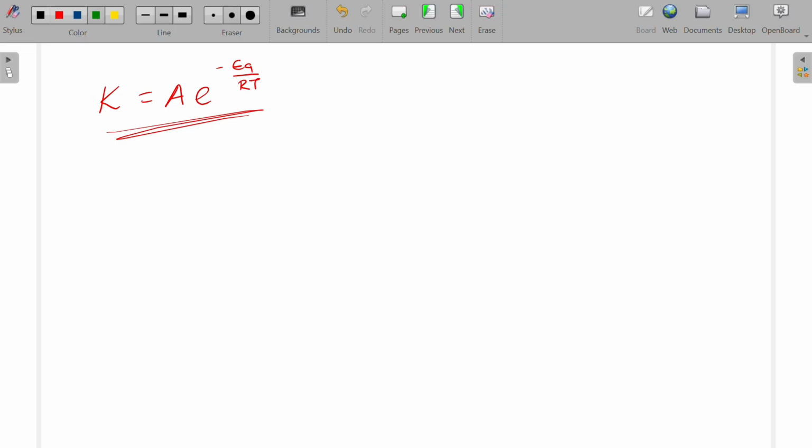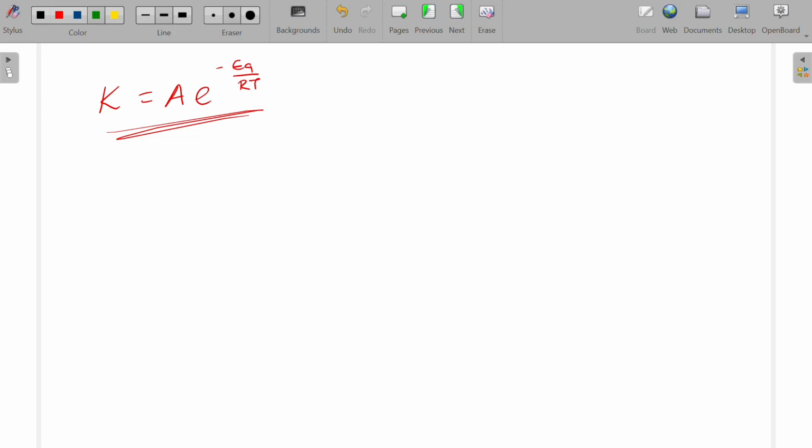Now the first step is to bring down the activation energy. This expression that is given as a power to e, we want to bring it down. How do we bring it down? Remember, e is an inverse of natural log. So we need to introduce natural log on the left hand side and also on the right hand side.